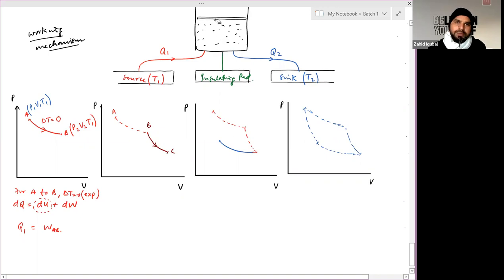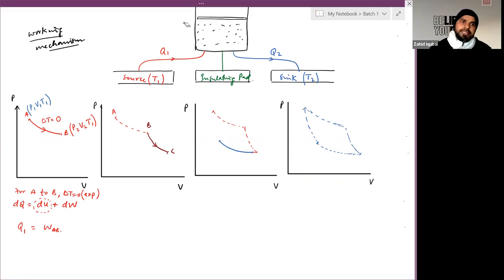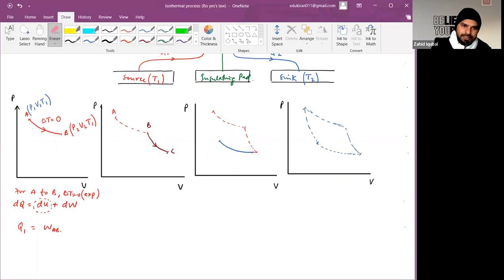So it will tend to expand the piston from this initial position to some final position. At this insulating pad there is no further supply or ejection of heat. So this piston, since it is in motion due to this supply of energy, will tend to elongate further without any supply of heat.